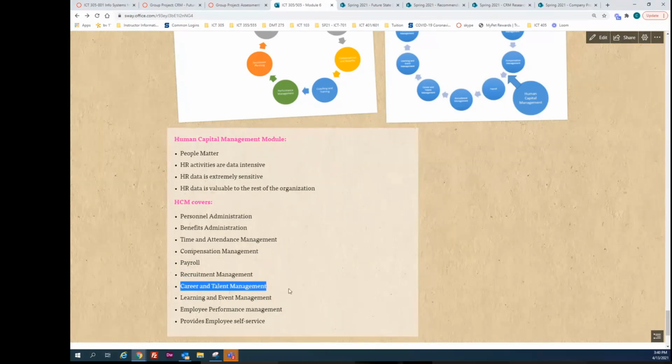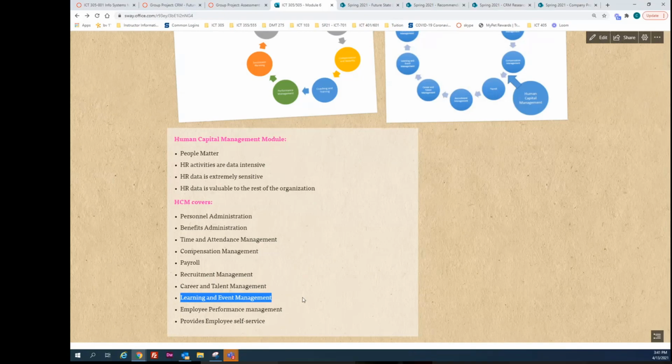And then career and talent management is helping employees within the company really meet their career goals, right? What is the career path that you want to follow? How do we retain you as a talent at the company? Also learning and event management. This could be tracking training or allowing employees to sign up for training so that there's a log of what training has to be done.